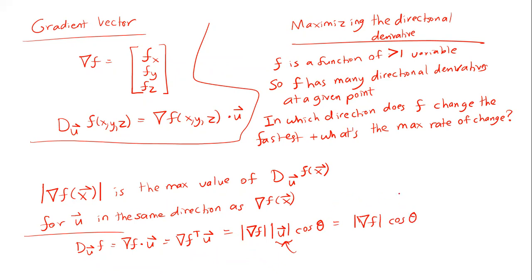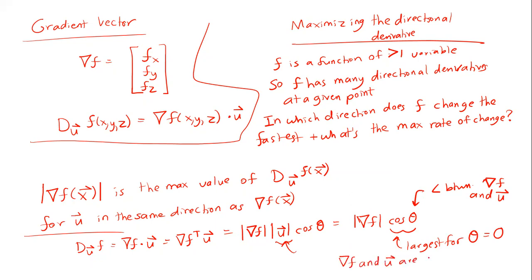And theta here is the angle between del f and the unit vector. This is going to be the largest for theta equals 0, meaning that del f and u are parallel or in the same direction.